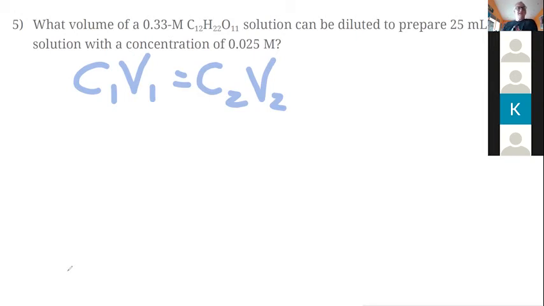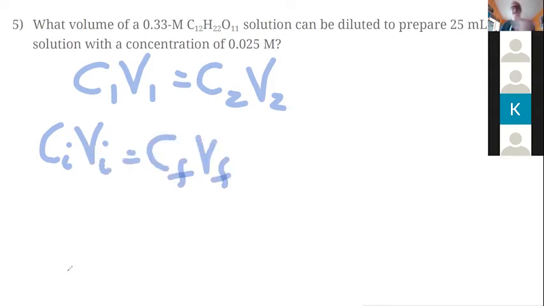So what's our C1 here? What's our concentration 1? Or concentration I for initial. That's another way some people put it. CI, VI equals CF, VF for initial and final. I mean, they're obviously the same thing. So what do we put in for the first concentration? 0.33.